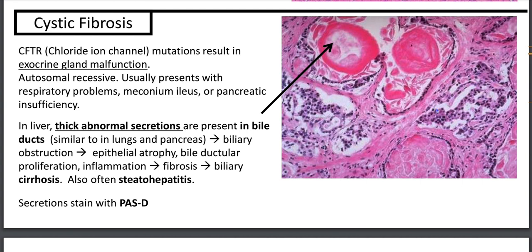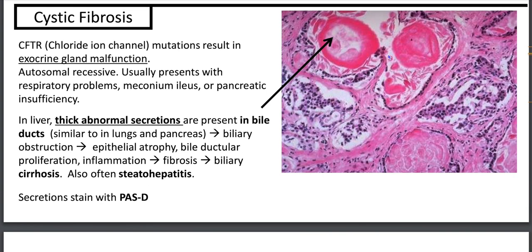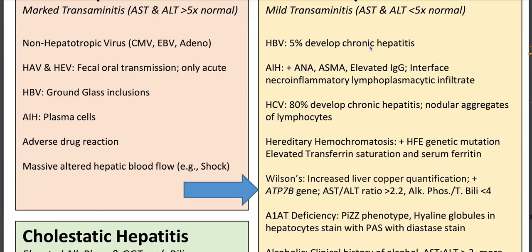It's autosomal recessive, and in addition to your respiratory problems, meconium ileus or pancreatic insufficiency, in the liver you can have thick abnormal secretions in the bile duct, and that can lead to biliary obstruction, leading to epithelial atrophy, bile ductular proliferation, inflammation, leading to fibrosis, leading to biliary cirrhosis, and also you can have steatohepatitis. The secretion is stained with PAS diastase.